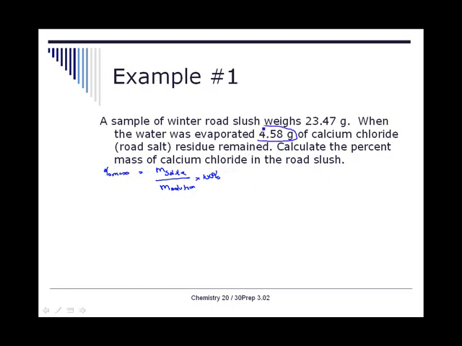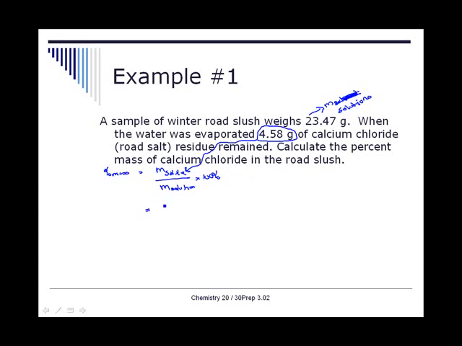The 4.58 grams would be our mass of solute, and the 23.47 grams would be our mass of solvent. Or not solvent, sorry, this is a mass, and this is where we've got to be really careful in choosing the right terminology. This is the mass of our solution. It's the total mass of the road slush, which includes the mass of the calcium chloride. So that's the mass of our solution.